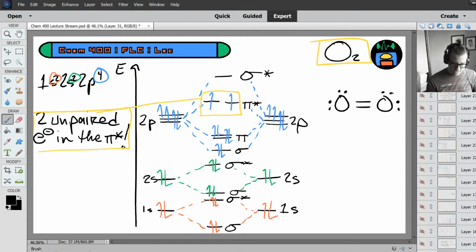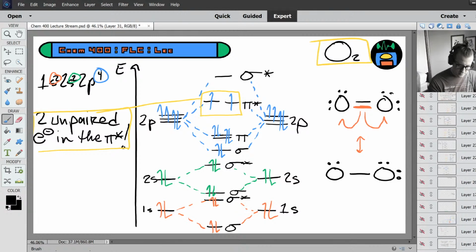Now, it's possible to draw a Lewis structure where oxygen's a diradical. You can do it if you take this bond and give 1 electron to that oxygen and 1 electron to that oxygen. You can technically draw a Lewis structure where oxygen has 2 unpaired electrons. If you do, it'll look like this.